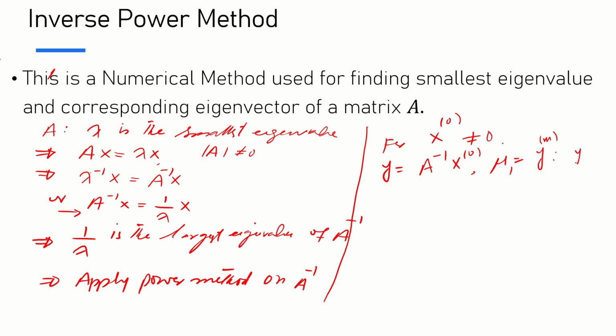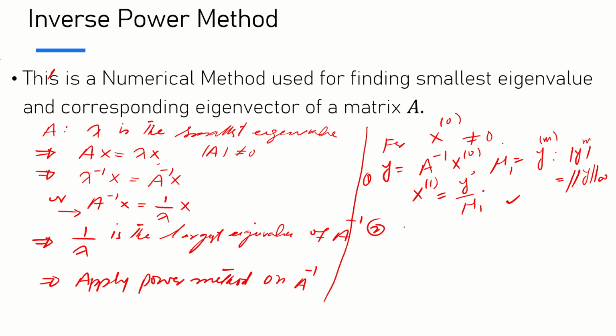That means the absolute value of y m will be the infinity norm of y. And then we normalize the vector y to find x1. So x1 will be y divided by mu1. That will conclude iteration number 1. Then we move towards the second iteration.